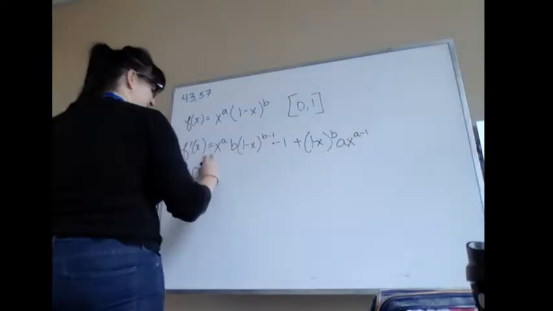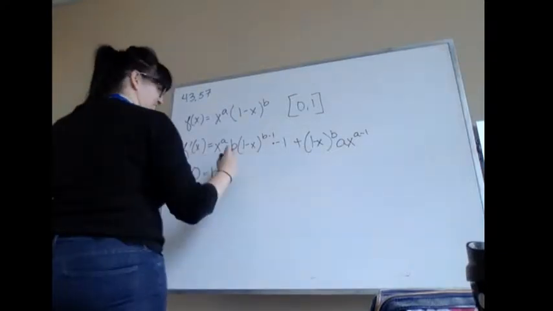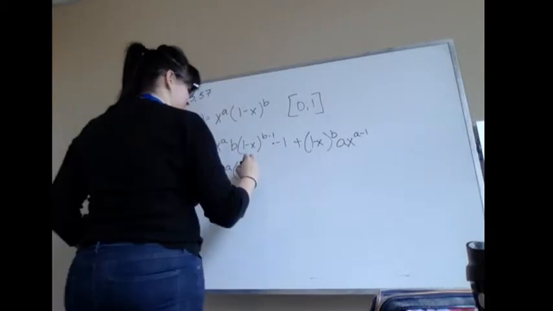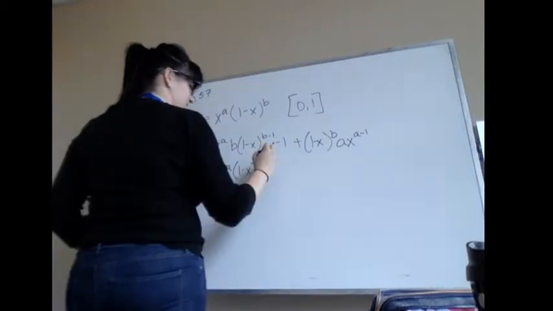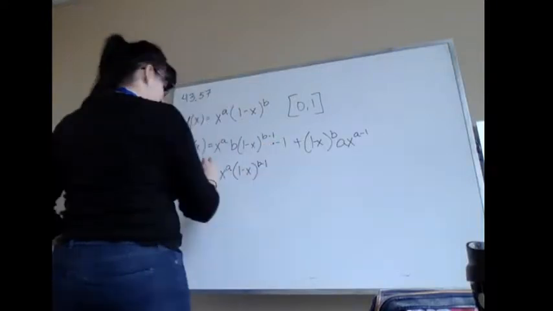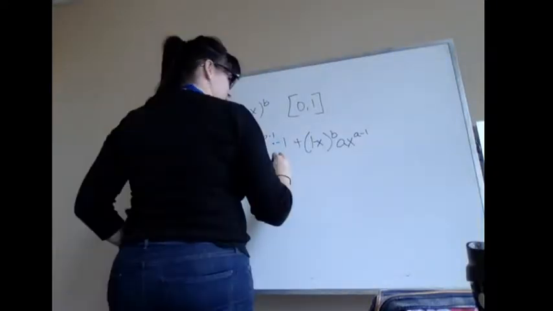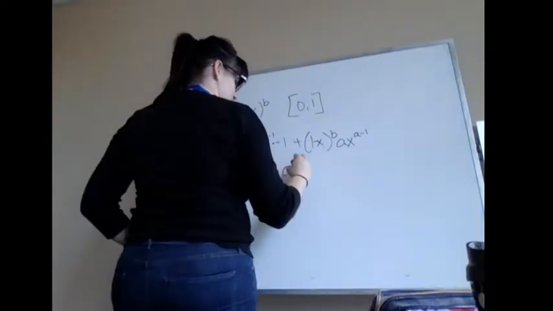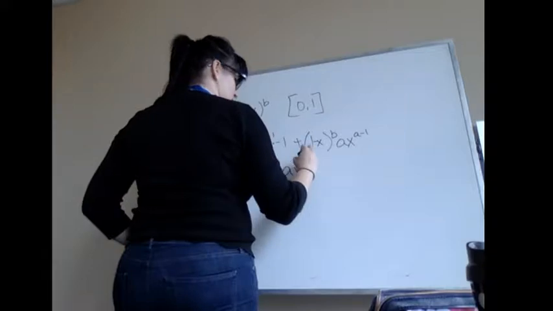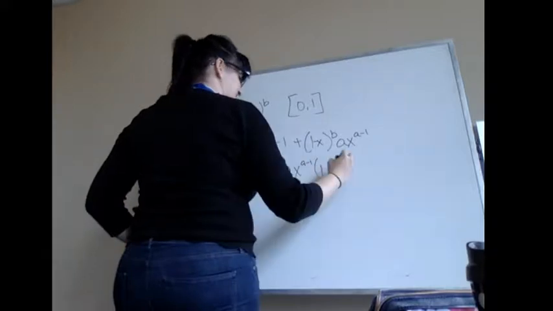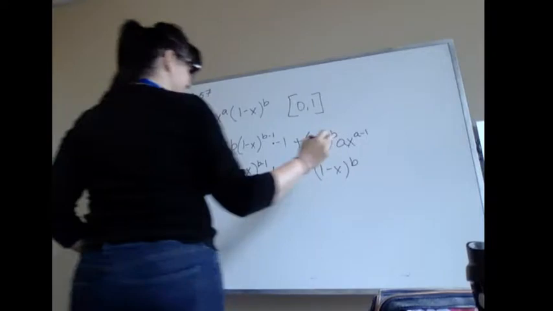0 equals b x to the a times 1 minus x to the b minus 1, negative, plus, and it makes sense why it's negative, 1 minus x to the b.